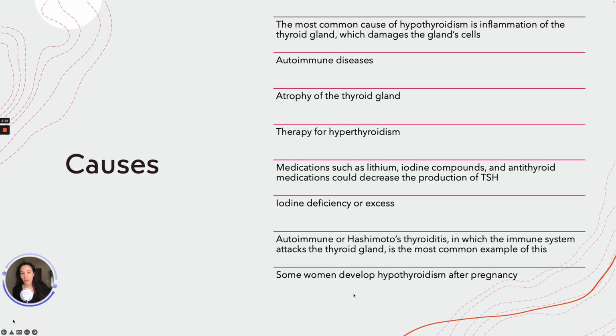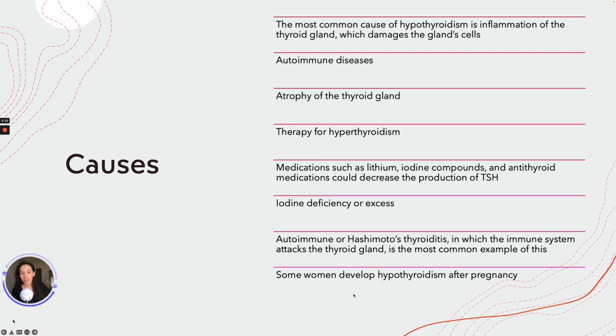We can have therapy for hyperthyroidism, so again that is radioactive iodine or a thyroidectomy, which can lead to hypothyroidism. Medications such as lithium, iodine compounds, and antithyroid medications can decrease the production of TSH.